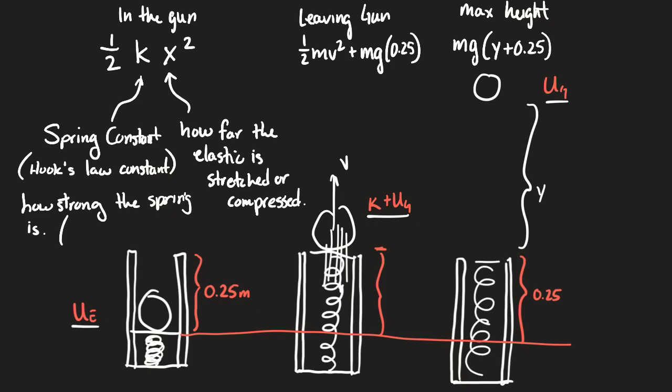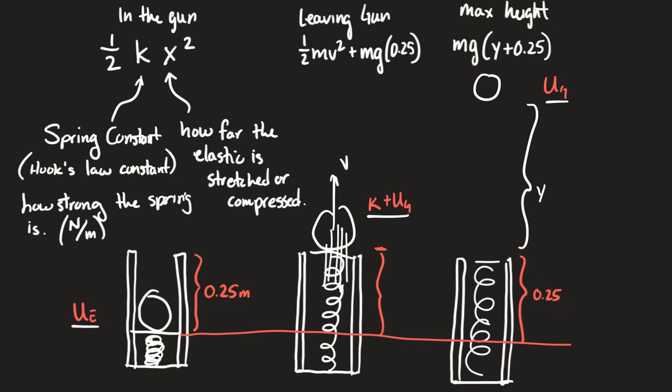You can tell in a problem, it's in newtons per meter. That's the unit of the spring constant. It's how much force you get per meter of compressed spring. I'm confident they gave us the spring constant in this problem. I don't know what it is, but I'm confident they gave it to us.